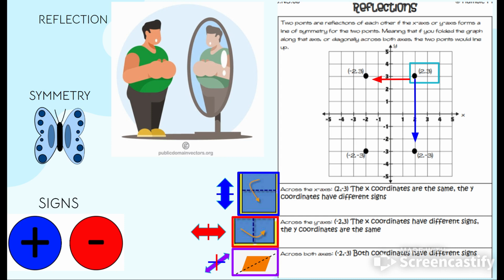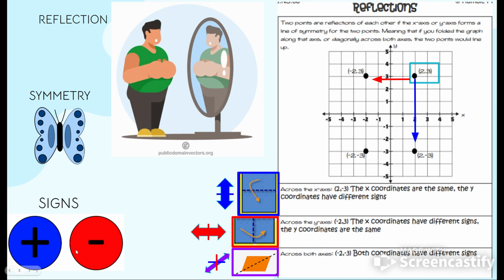And you can kind of notice some different patterns here with the signs. And the signs just mean negative or positive, whether it's a positive number or negative number. And when it's a positive number, we don't usually write the plus sign there. We just assume that it's positive. We only write it if it's negative.